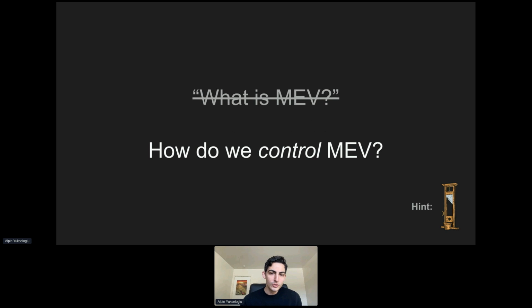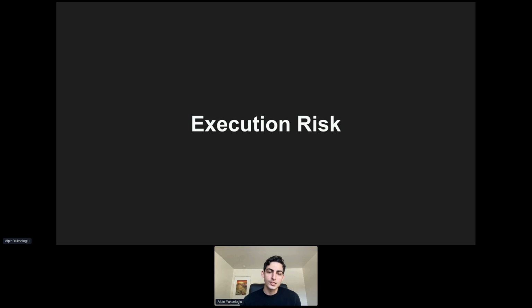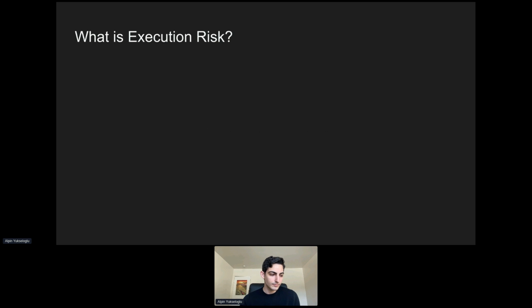My proposal is that execution risk is a fundamental axis along which we can reason about these systems. I would like to make a side note here that this is not necessarily a profound point. I think we all intuitively think about MEV in this way, except making it explicit has some great benefits that I'll touch on in a second.